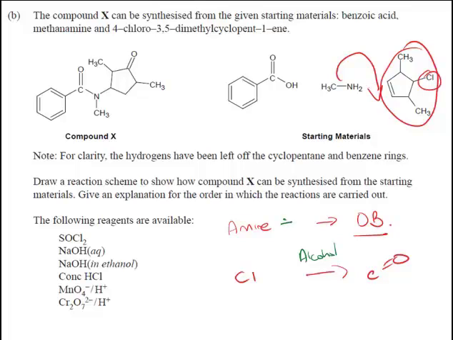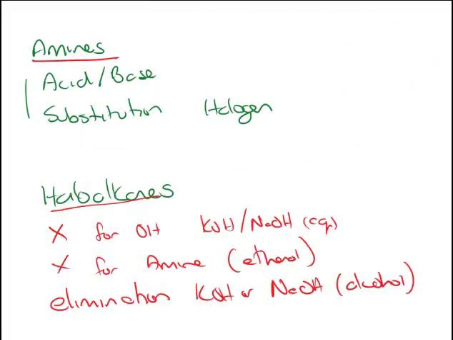Is there a step in between, so that we basically add something to the double bond and we then do a substitution reaction? You've got to be able to think about this, and your knowledge of the reactions is very important. For instance, just knowing the amine reactions is very helpful.